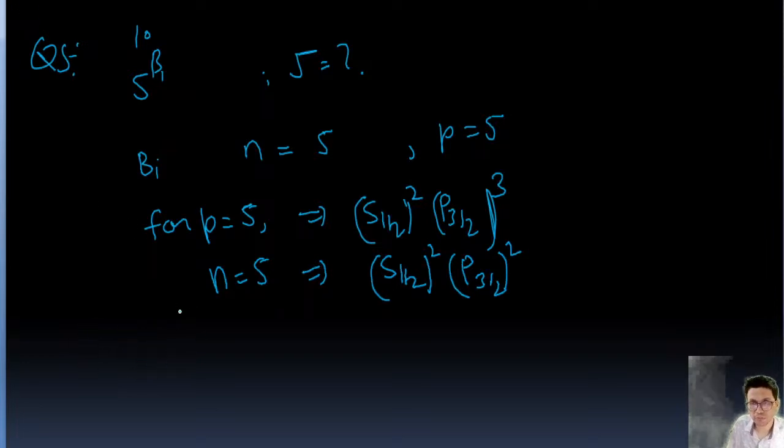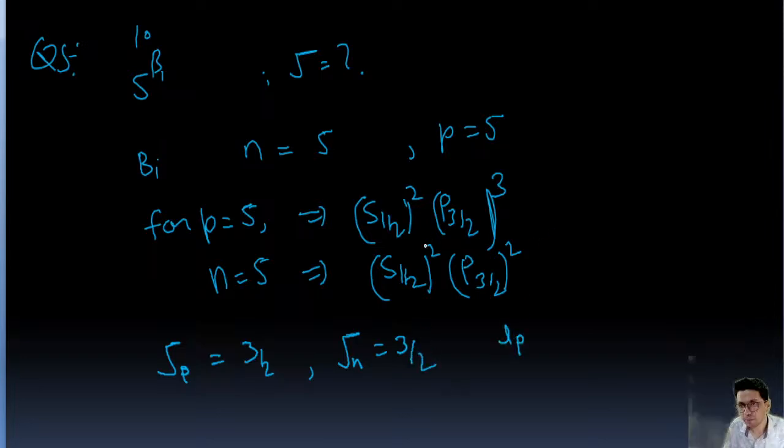The value of Jp is going to be 3/2, and similarly the value of Jn is also 3/2, right? And the value of Lp, the L value for p, is 1, and the value of Ln is also 1, because this p means SPDF: S is 0, P is 1, D is 2, F is 3, right? We know.